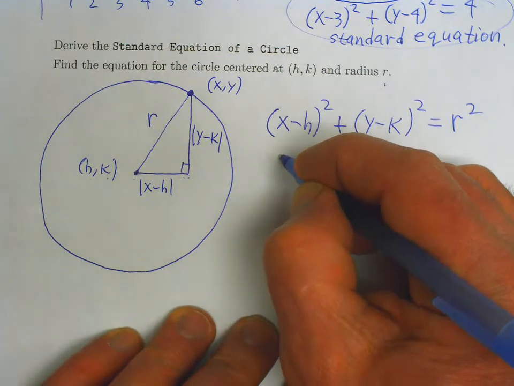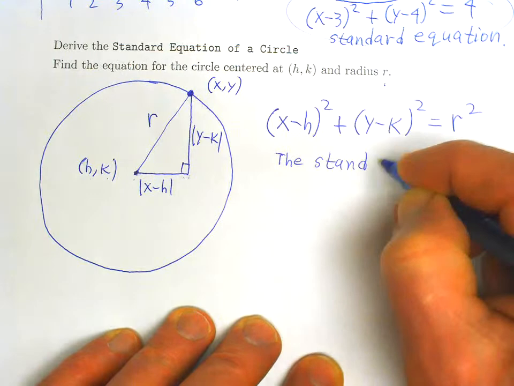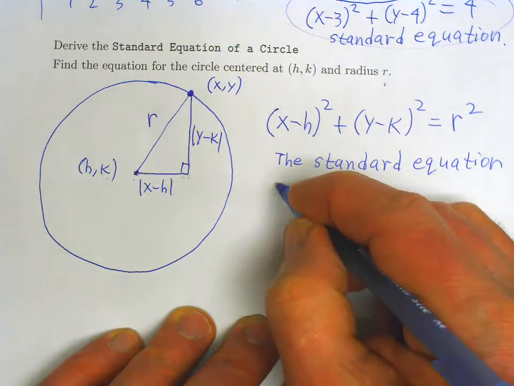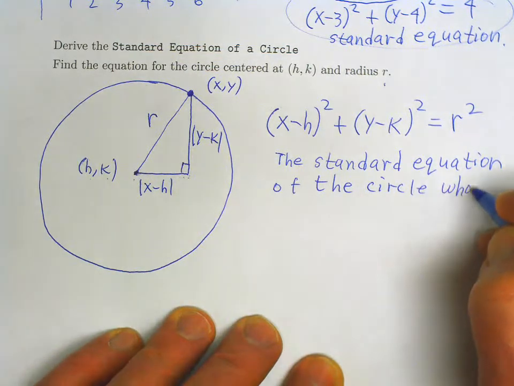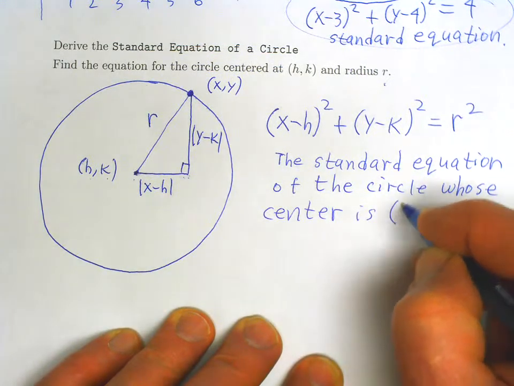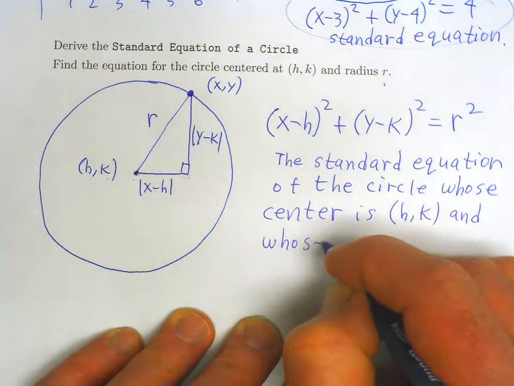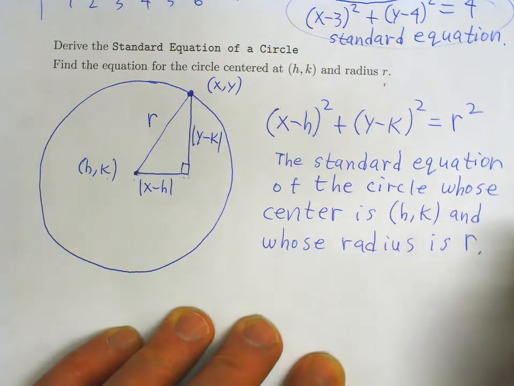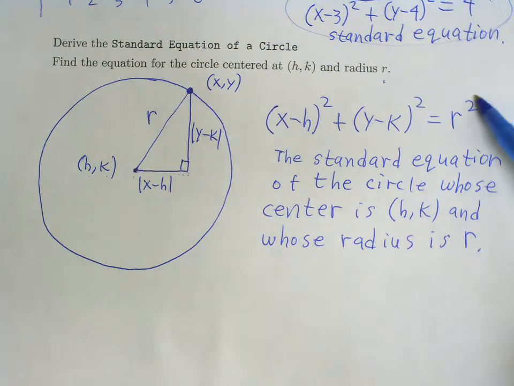Okay, this is the standard equation of the circle whose center is the ordered pair (h, k) and whose radius is r. So r is the positive square root of r squared.